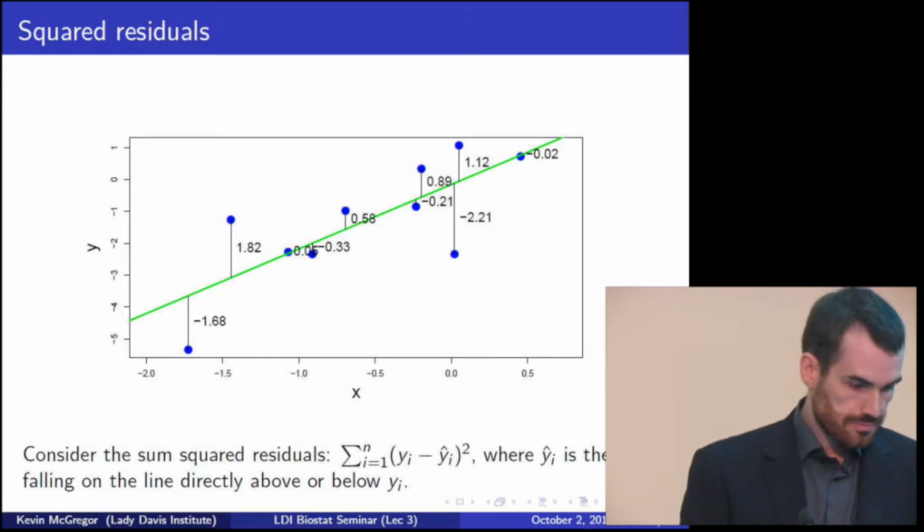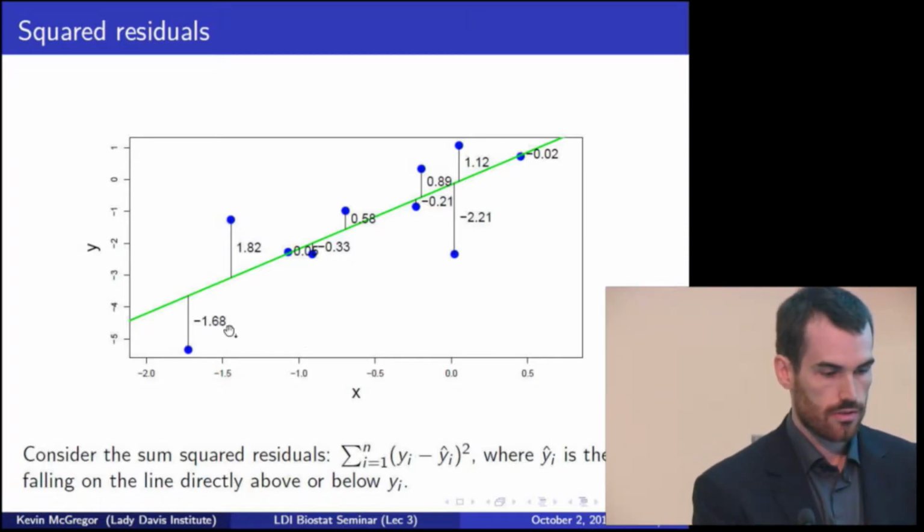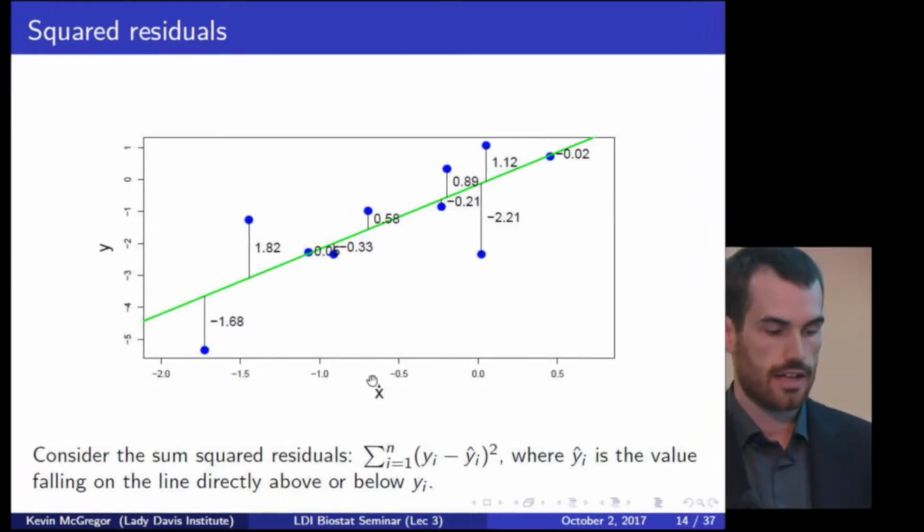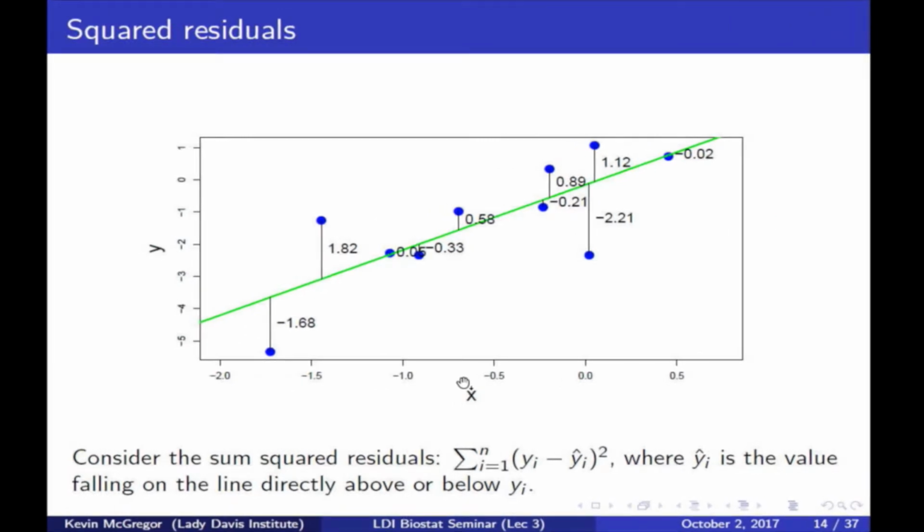All right, so what we do is we look at what we call the sum square of the residuals. So we take each of our observed values, which we call yi, so each of the blue points, and we subtract off yi hat. So we call yi hat the fitted value, and that, as I said, is just what you get when you move each of these points vertically up or down until they hit the line.